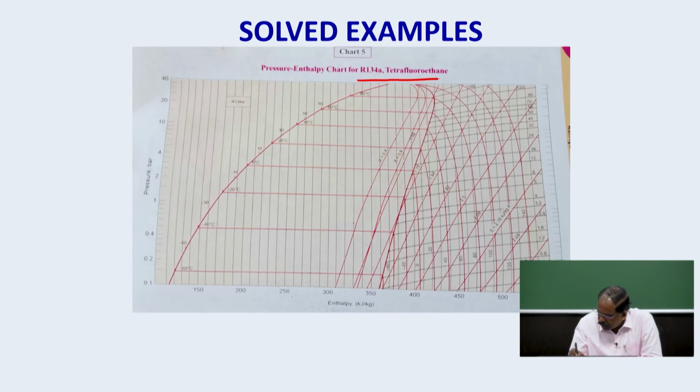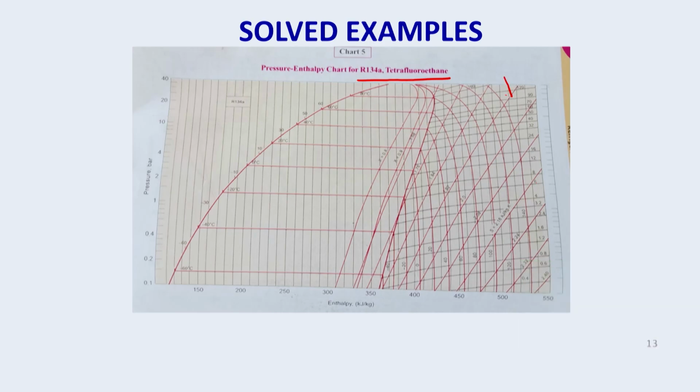This is R134a, tetrafluoroethane. So here if you see, this is the saturated liquid line. This is the saturated vapor line. These are constant entropy lines.